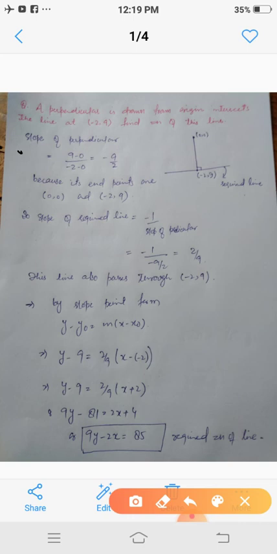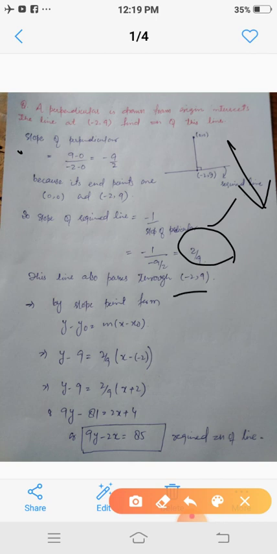Now we have to find the equation of this line to which we draw a perpendicular from the origin. The slope of this line is given by -1 upon the slope of the perpendicular, because by the condition of perpendicularity, it is simply 2 upon 9. Also this required line passes through point (-2, 9).